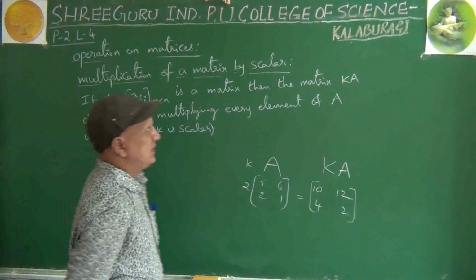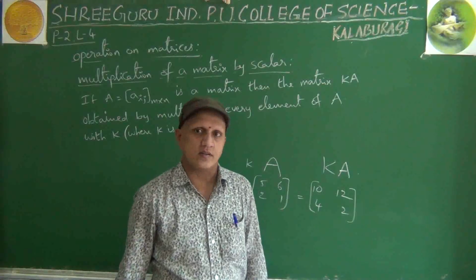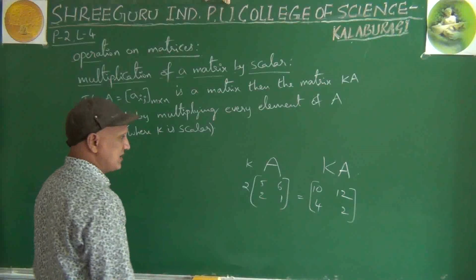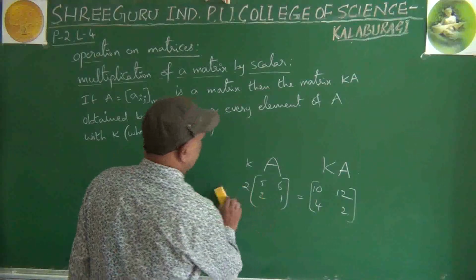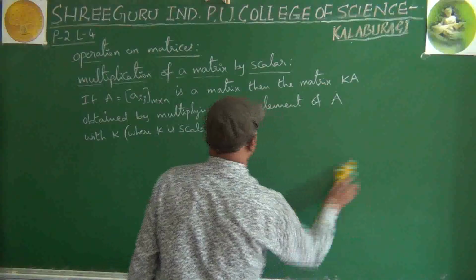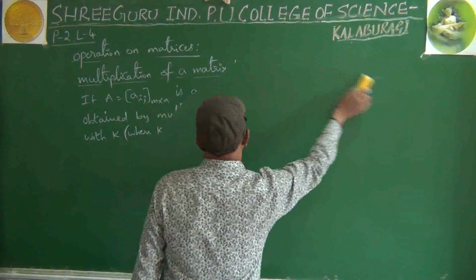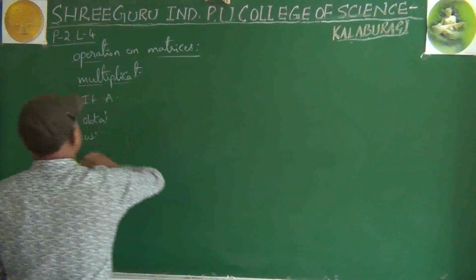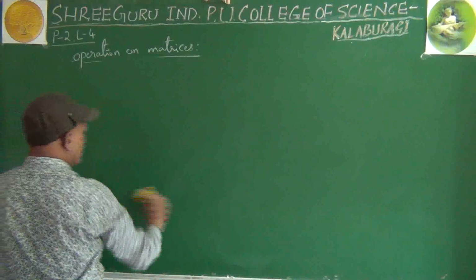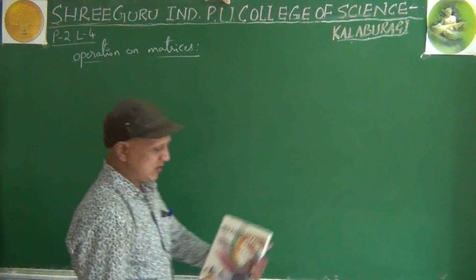Whatever we get is called scalar multiplication. Very simple, we can directly start the problems, but these are the basics in the matrices chapter.